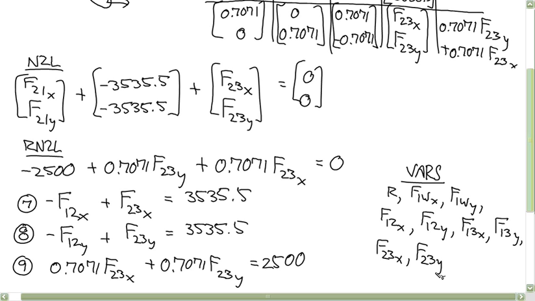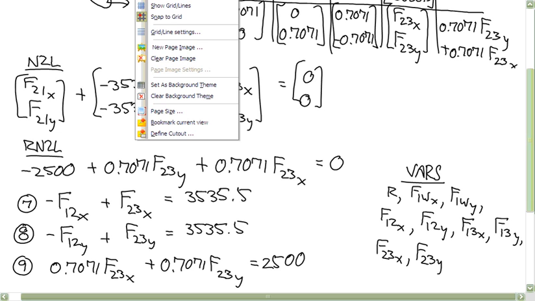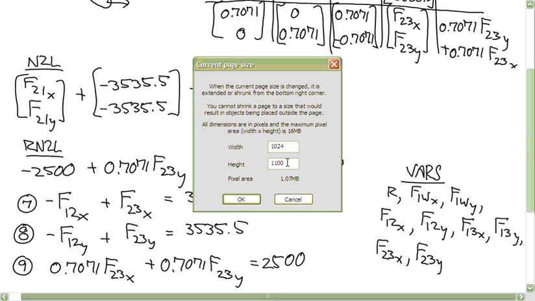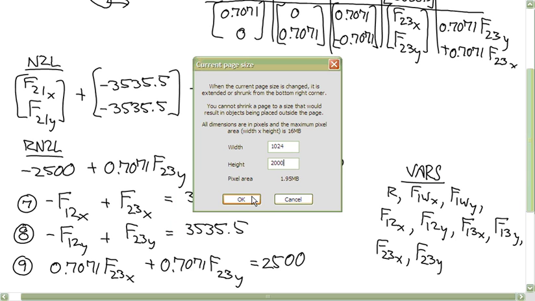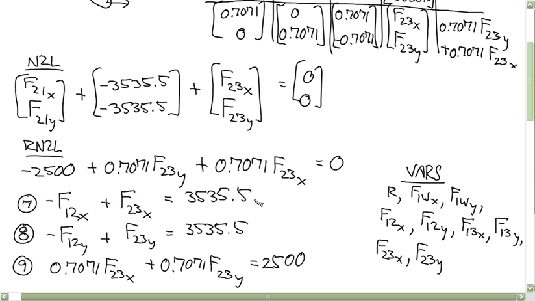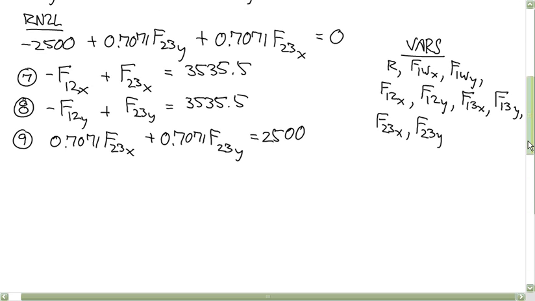Okay, so 9 equations, 9 variables, right? Yep. So now we can solve it. Okay, let's see here. So let's do it in this order.